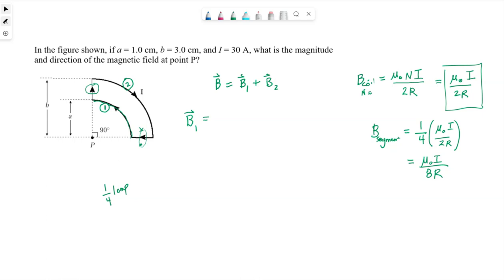The magnitude, mu naught is our constant, which I have the exact value memorized. So that's what I'm going to put in here. So mu naught times I, the current flowing through this wire is 30 amps. I'm not going to worry about how we're getting that big of a current. Divided by 8R. The R in our equation is the radius of the loop. So this inside loop has a radius A, so 0.01 meters.